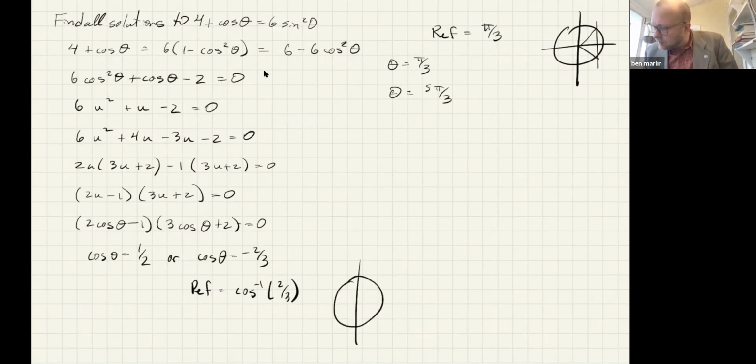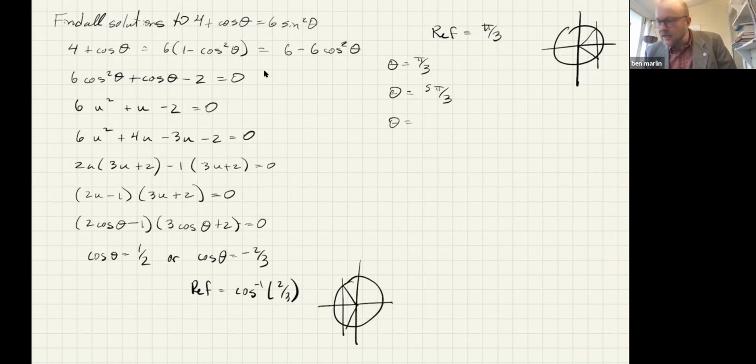Okay, so we said the reference angle there, and then we have to think about our positioning on this, that we need to have a negative cosine, which means the x coordinates for the position of this angle need to be negative. That means we're in the left half of the unit circle.